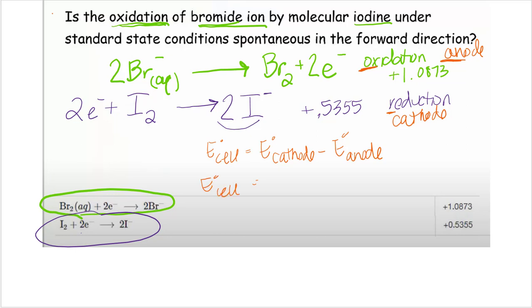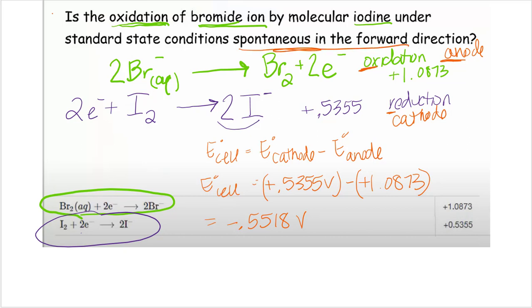My cathode is 0.5355 volts minus my anode, which was 1.0873. If I plug that into my calculator, I get negative 0.5518 volts. So is it spontaneous in the forward direction? No. How do I know that? Because I have a negative voltage.